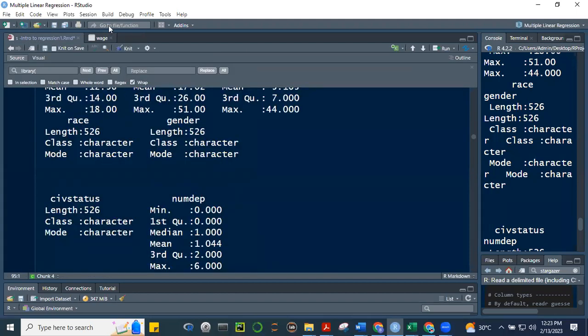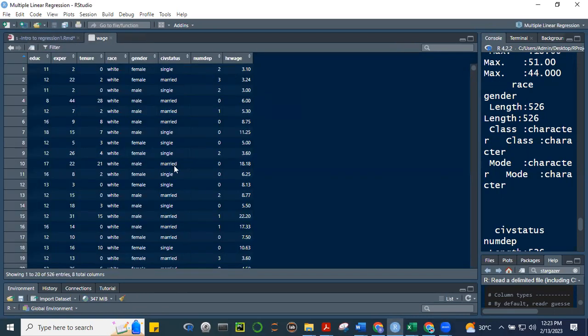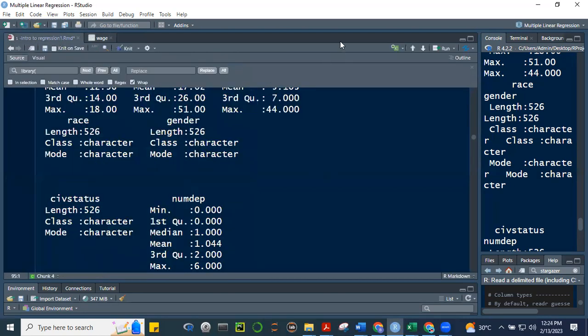Any suggestion? Race could be classified as what? And so with civil status and gender, what do you think these variables should be? They should be treated as what class?